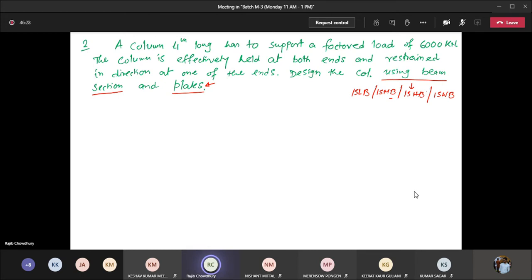So can you do that? What is the essential requirement for starting this design problem? Anyone? To start with this problem, let us first look at the design of a compression member.